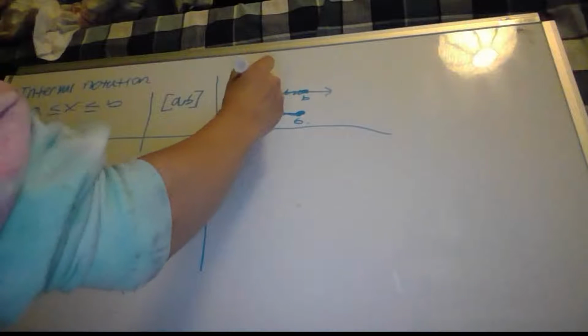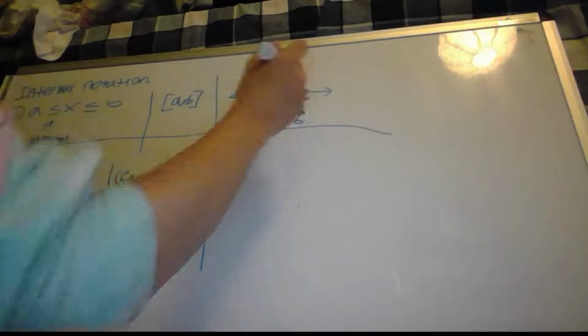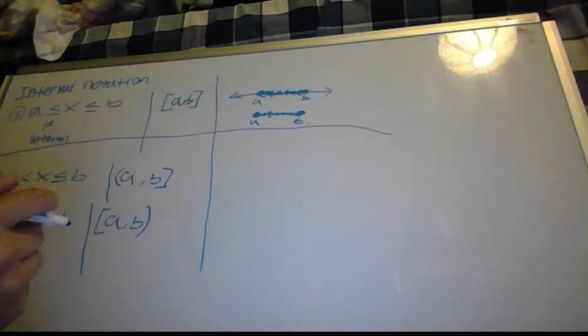You would color in from A to B with closed points, like dots.